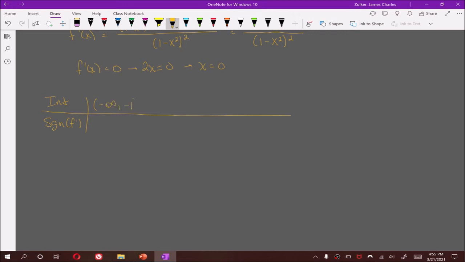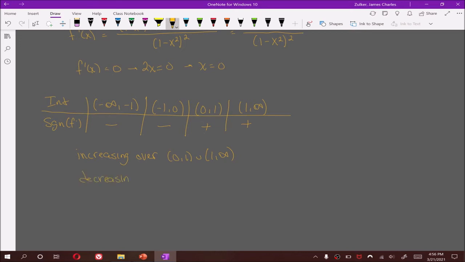Go negative infinity to minus 1, then minus 1 to 0, then 0 to 1, and finally 1 to infinity. Analyzing this, we'll get negative, negative, positive, positive, meaning we are increasing over 0 to 1, unioned with 1 to infinity.